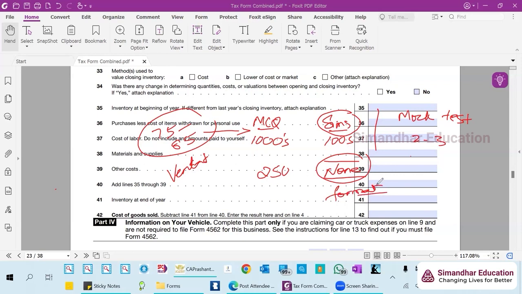And you know why? Concept. If you have this, there's no one who can beat you. No question paper can beat you.